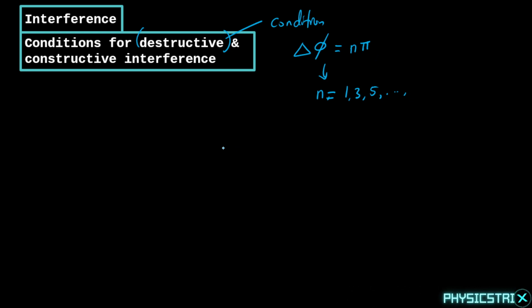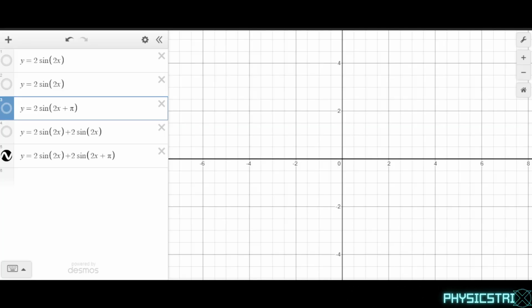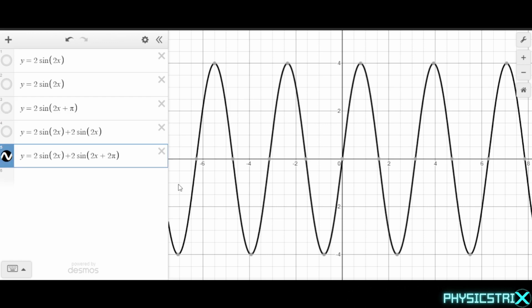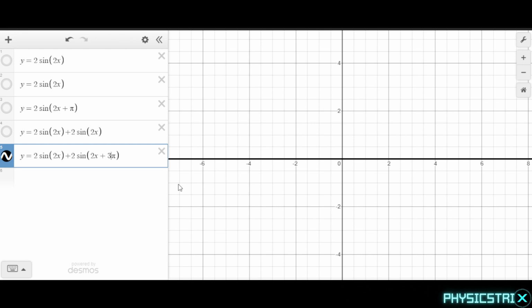And we can test this out. Let's look at our graph again. If I have the resultant wave here, what if I have 2 pi? Then they just add together. What if I have 3 pi?